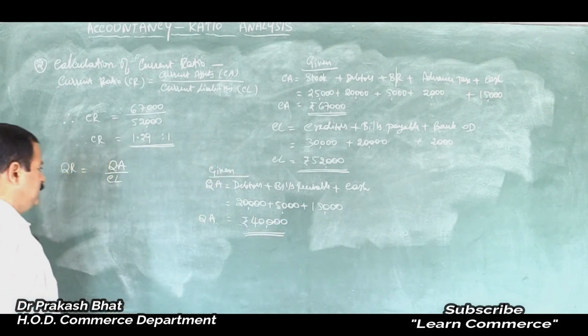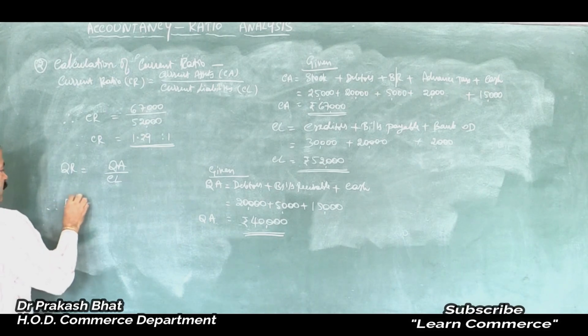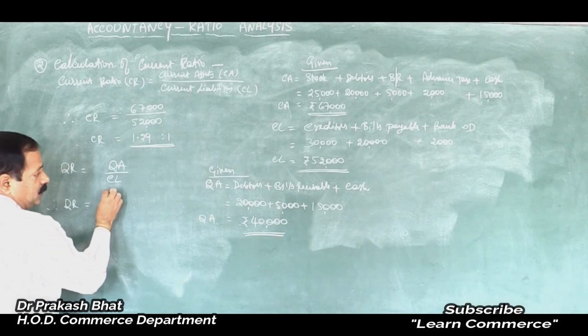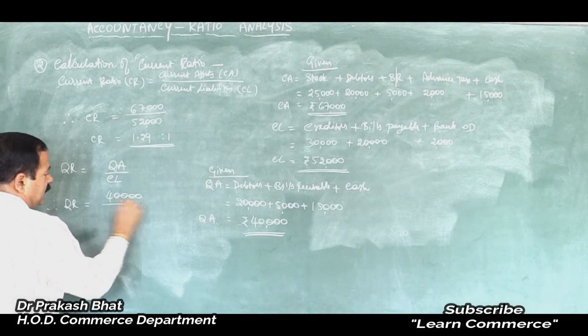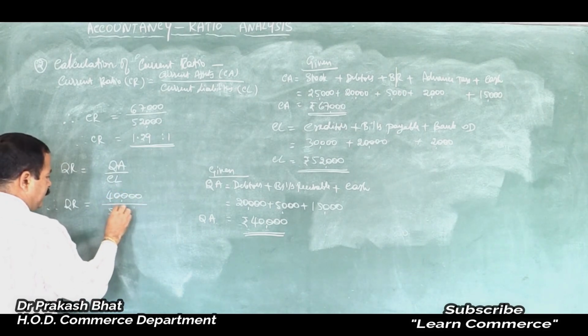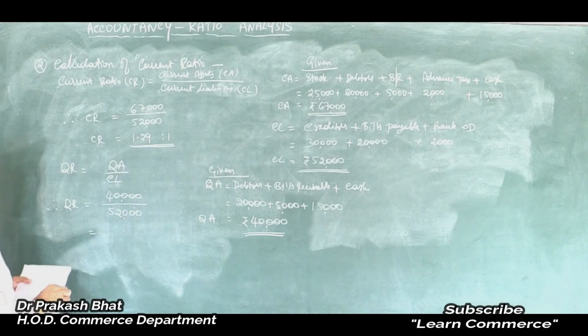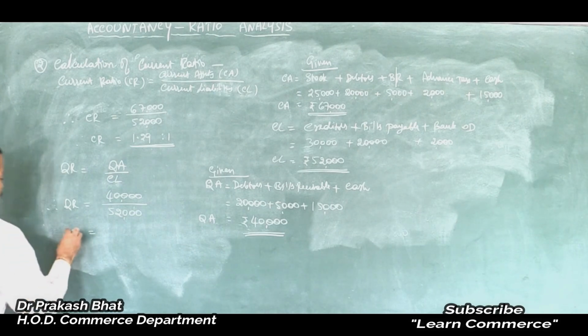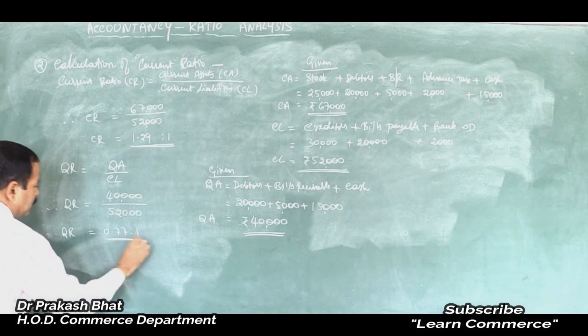Correct? Therefore, current liabilities you have already calculated as 52,000. Is it correct? What is the ratio? 0.77 is to 1. Therefore, quick ratio is equal to 0.77 is to 1.